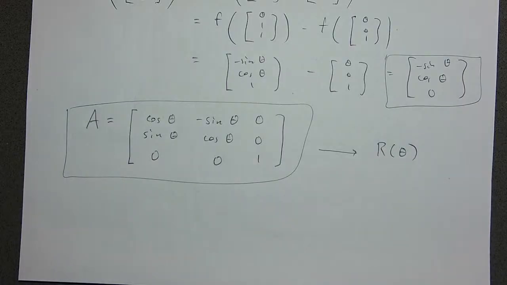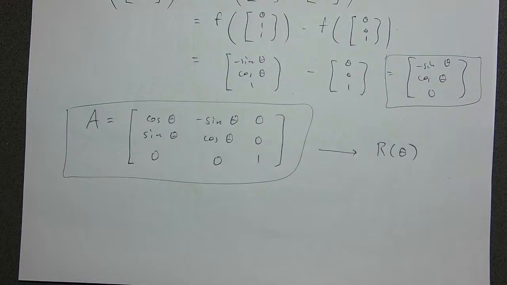So this is the matrix that describes the transformation of any point in the plane, so I'm doing a rotation counterclockwise about the origin through an angle of theta radians, right? So this is the description.